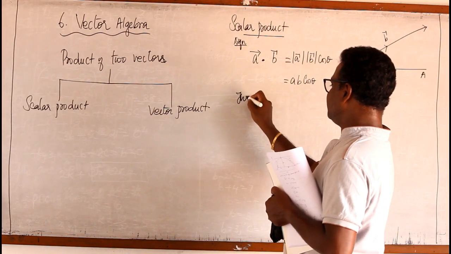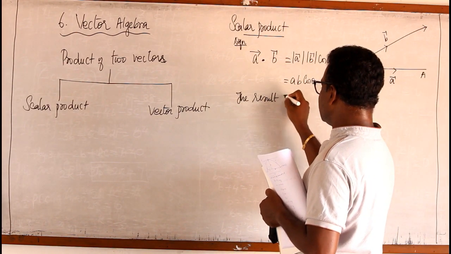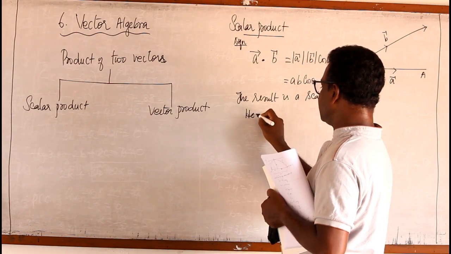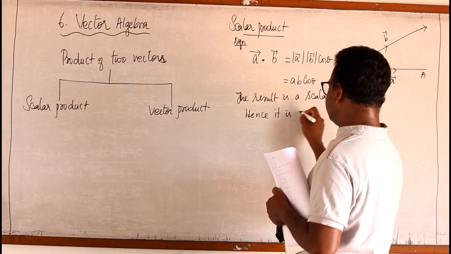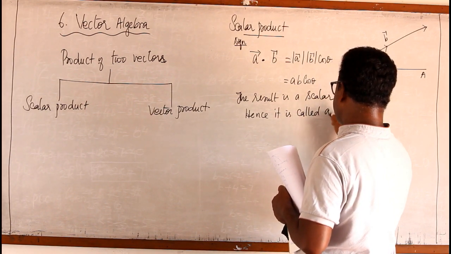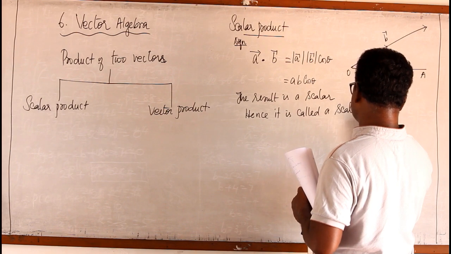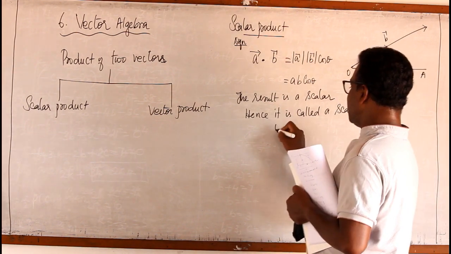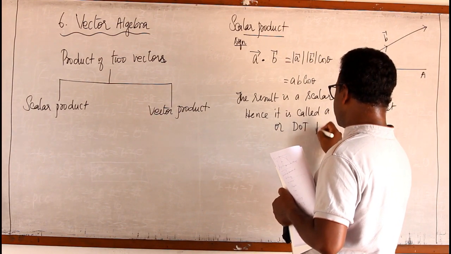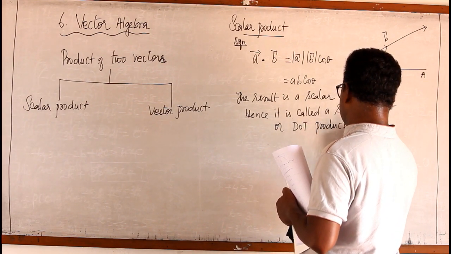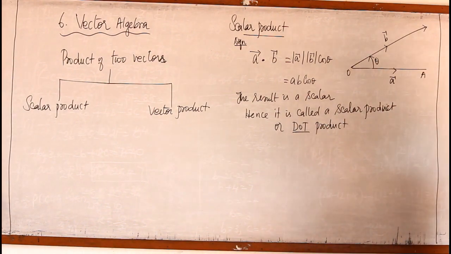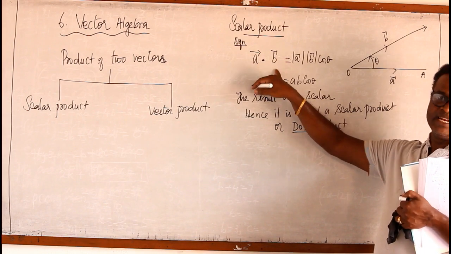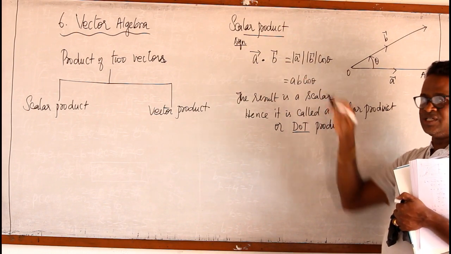The result is a scalar, hence it is called a scalar product or dot product, which is defined as A dot B equals modulus of A into modulus of B into cos theta.